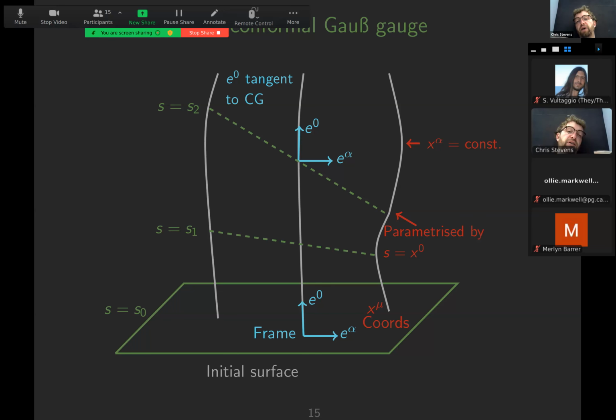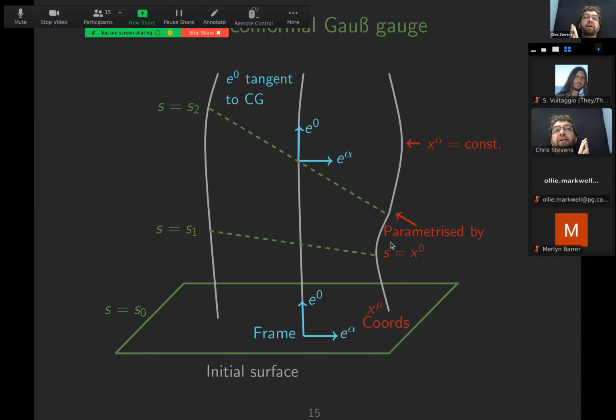The question is, how do we extend them in the neighborhood of the surface in 4D? This is when the conformal geodesic equations come in. Well, if we choose our parameter S to be the one that comes about from solving these conformal geodesic equations, so this parameterizes the conformal geodesics, that is a natural time coordinate.